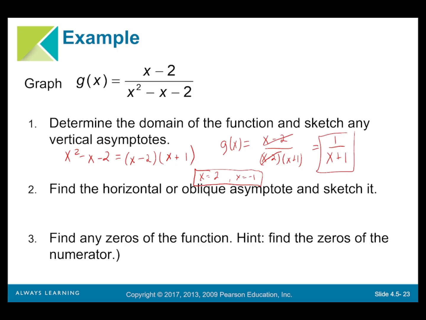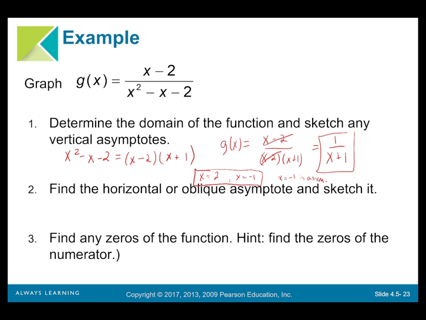That means that only x equals -1 is an asymptote, because x equals 2 is a 0 of our numerator, and we said that can't happen if we're going to have a vertical asymptote. So x equals 2 is removable, because we're able to cancel away its factor. We're left with x equals -1 as our only vertical asymptote.